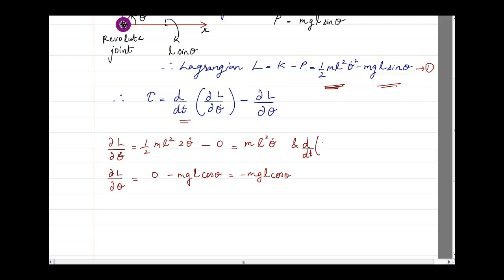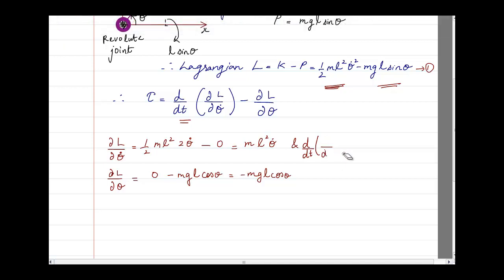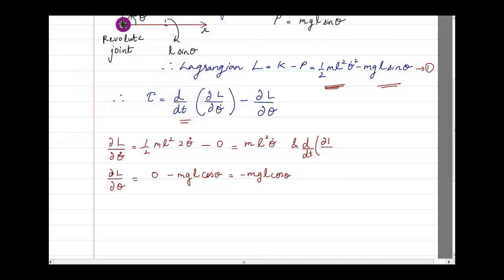What we have just now found out, which is dou L by dou theta dot. Once again I have to differentiate this with respect to time.